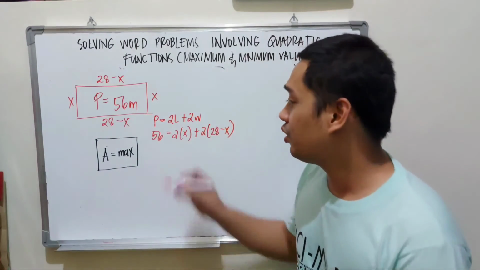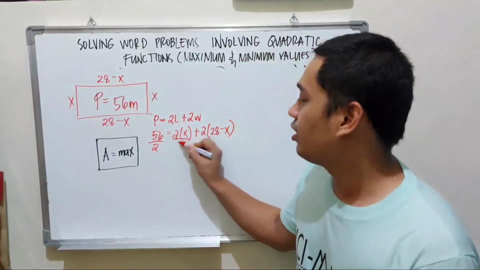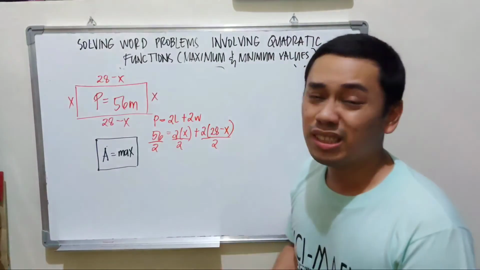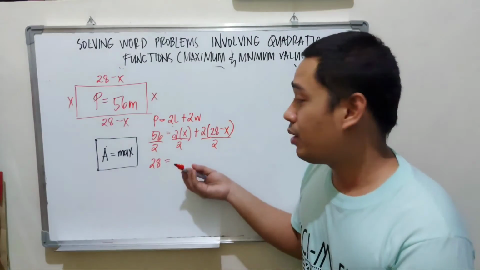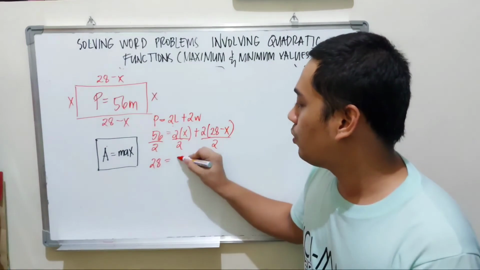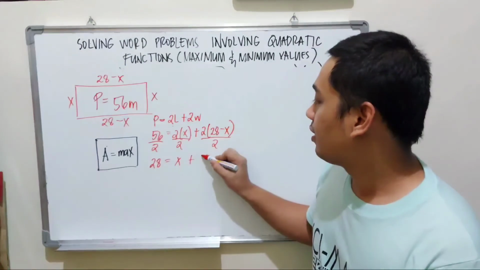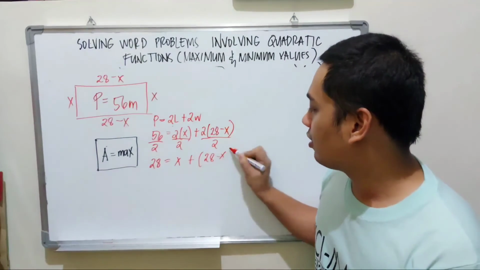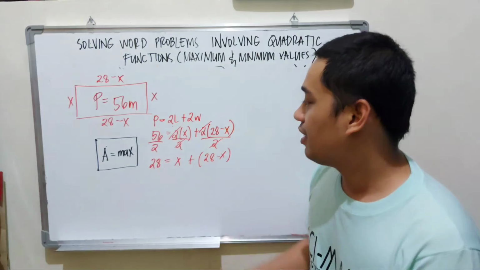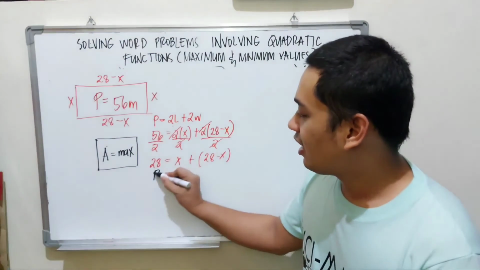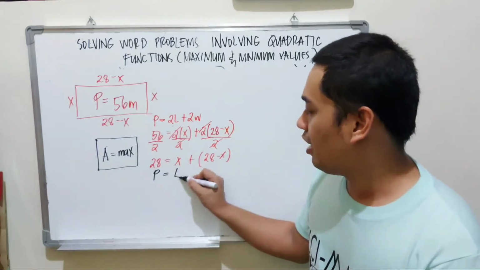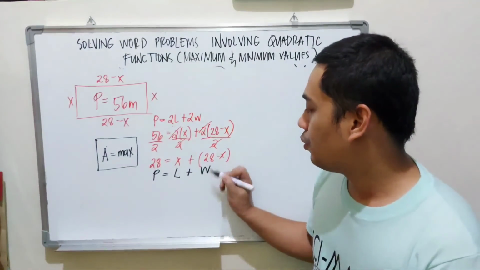Ano na mangyayari sunod? Dividing both sides by 2 para ma-simplify natin yung ating equations. So we will come up with 28 is equal to x plus 28 minus x. Canceling the values of 2. So yun po yung magiging identity natin na P is equal to length plus width.